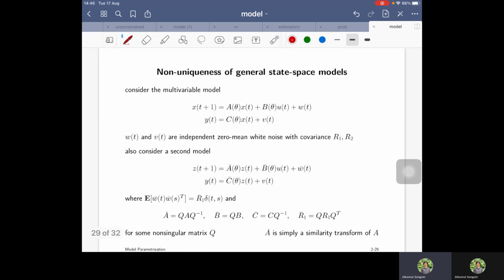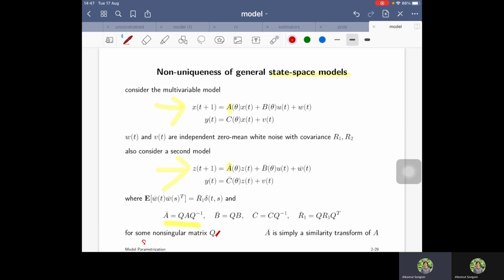We can illustrate that non-uniqueness property with state space models, because I think it's a fairly obvious result we know from the linear control system class as well. If you have one state space equation in one coordinate, you can have another state space equation in another coordinate, where A and A bar are related by a similarity transform.